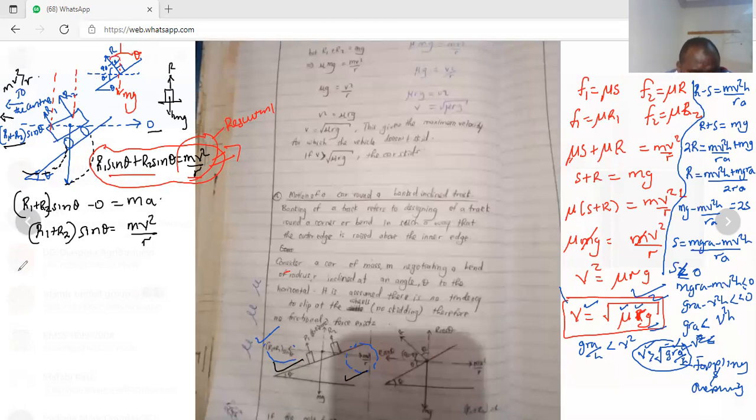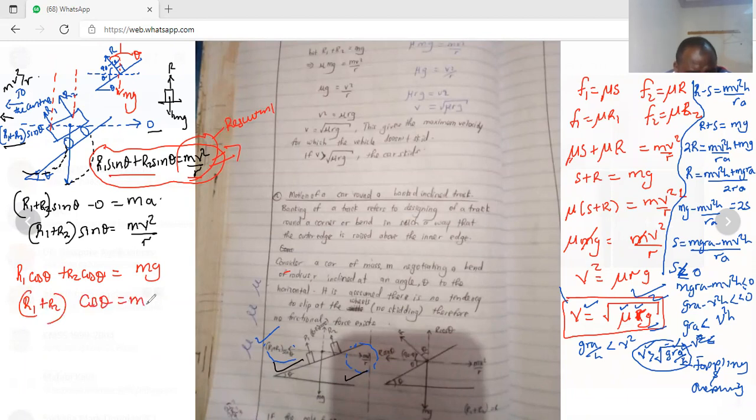So you'll get R1 cosine theta plus R2 cosine theta is equal to mg. Then from here, R1 plus R2, in brackets, cosine theta is equal to mg.